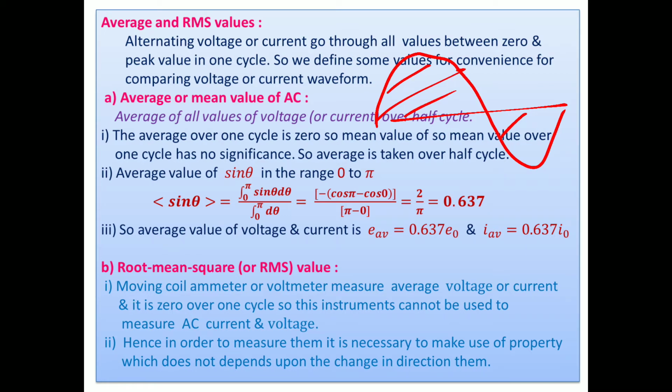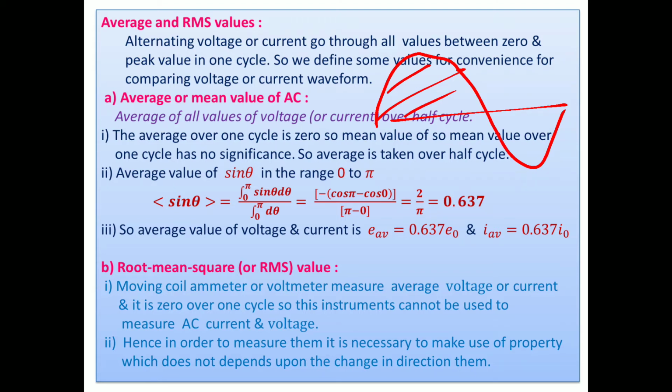So, for the average value of sin theta, the term sin omega t is there, theta is replaced by omega t. So sin theta in the range 0 to pi, meaning 0 to pi up to here. It can be taken as the average of sin theta equals integration of 0 to pi sin theta d theta divided by integration of d theta, again limits of the integration are 0 to pi.